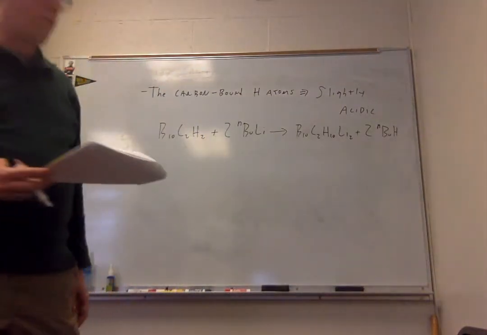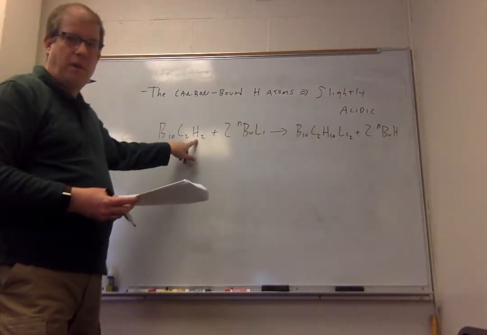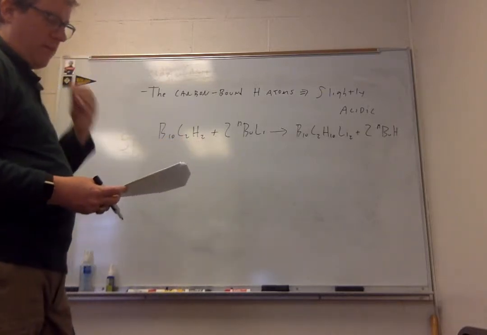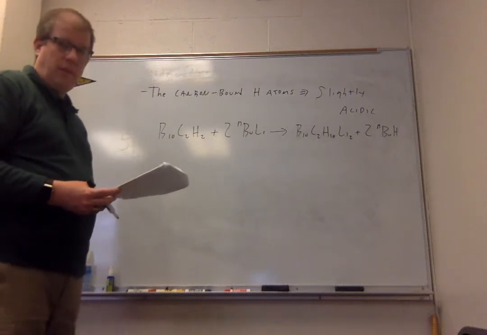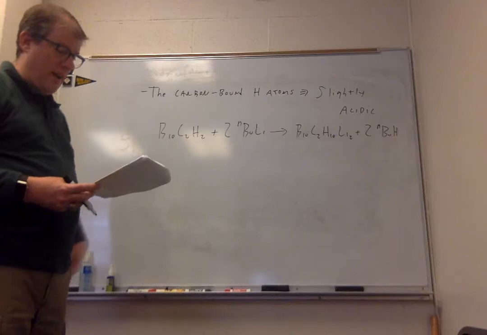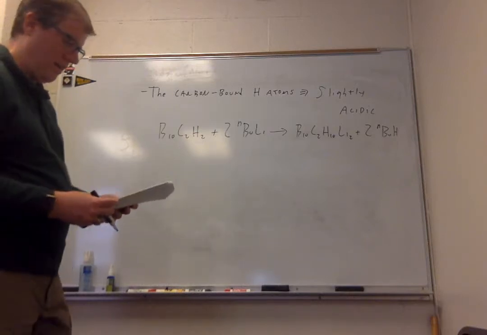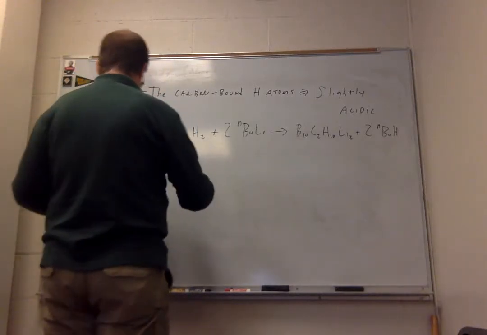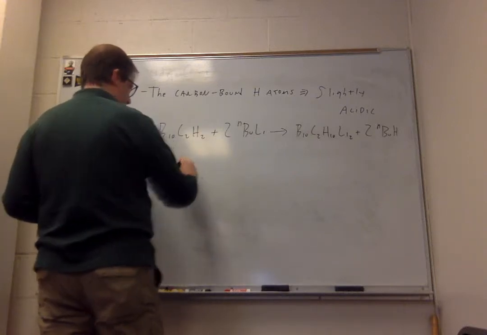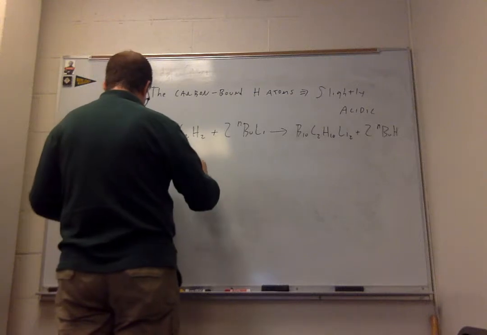So what happens when we do this is that 2 of the hydrogens come off, and those are the 2 that are attached to the 2 carbons that are present. Now what you've got is a nucleophilic cluster. And you can take that and add to it. So I'm going to rewrite it with the cation first, as should be.